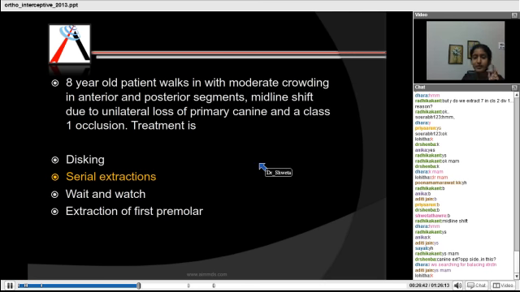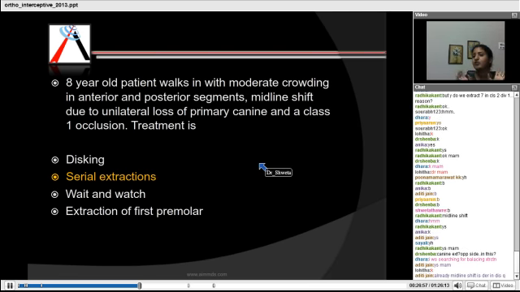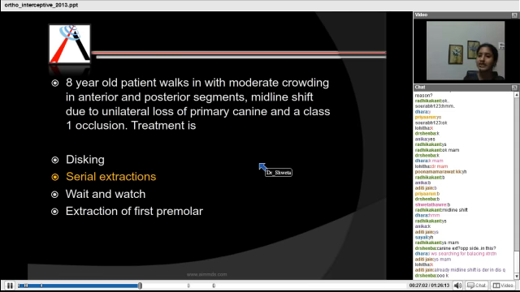See, that's what I said when I told you the question of canine. Only 5-3 is lost, but the patient does not have crowding, the patient does not have any other problem except loss of 5-3. In that case, you do a serial extraction of the opposite canine to prevent midline shift.